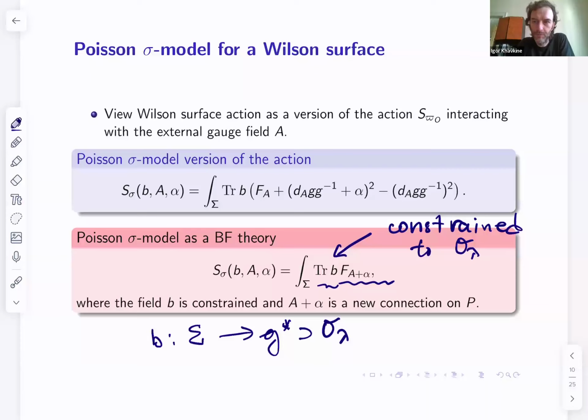Will you explain what you mean by quantization? Not the geometric quantization, just canonical quantization. Okay.